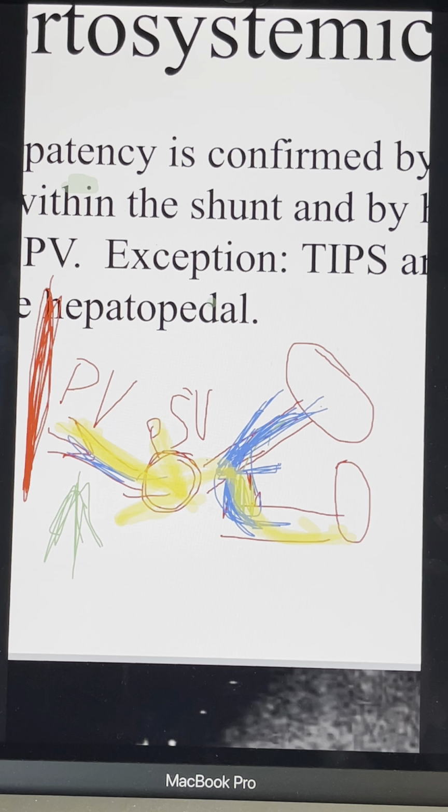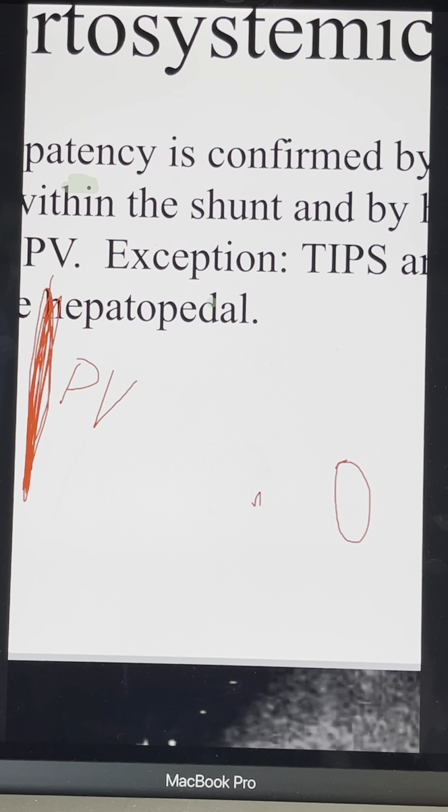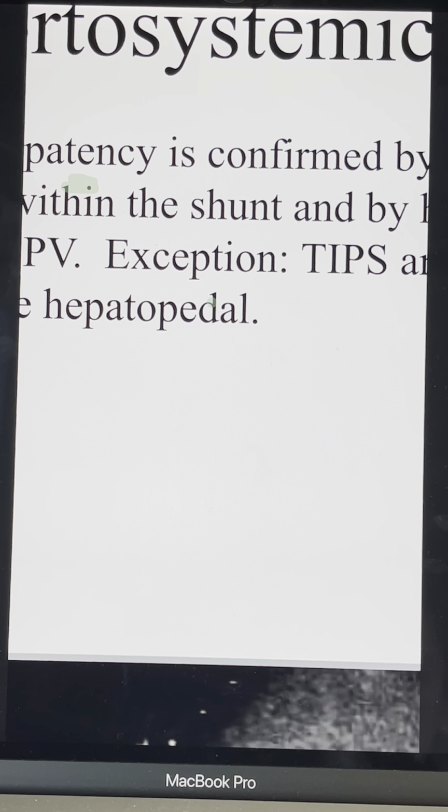So, important point about this shunt is the blood flow in portal vein is going to be hepatofugal. I will go back to the slide and I want you to write it over there.